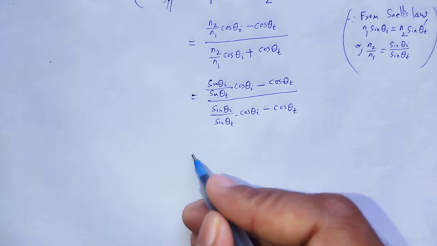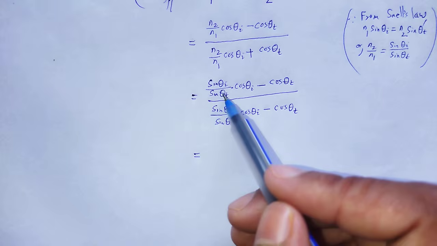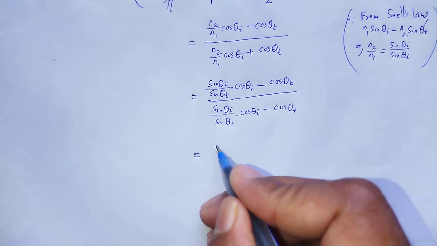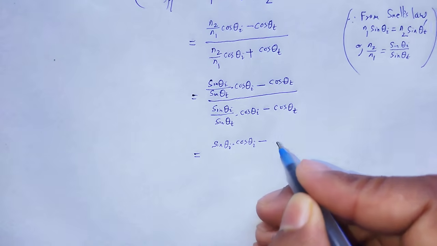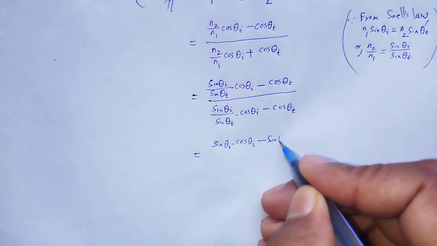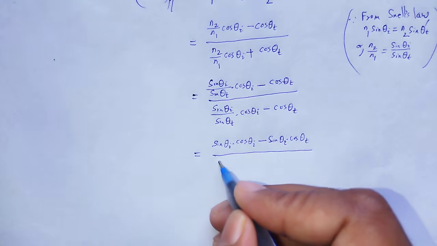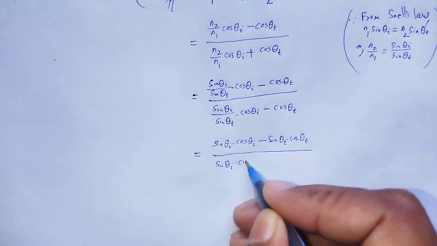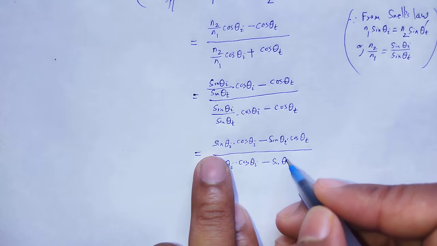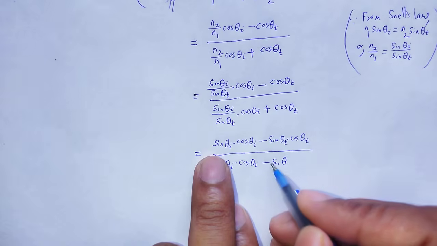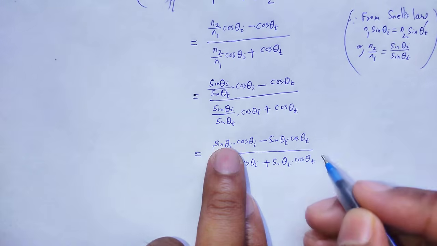Taking the LCM, in the numerator and denominator sin theta t cancels. So we obtain sin theta I cos theta I minus sin theta t cos theta t divided by sin theta I cos theta I plus sin theta t cos theta t.